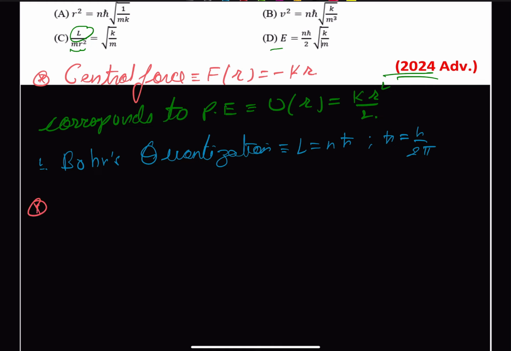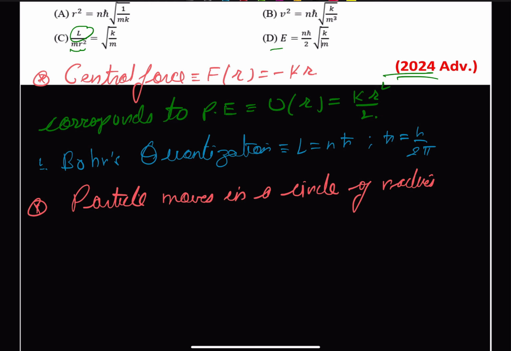So we can say the particle moves in a circle of radius r.